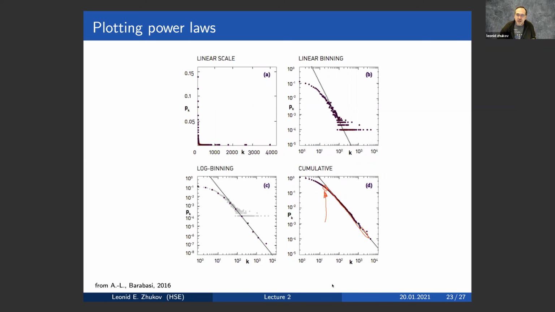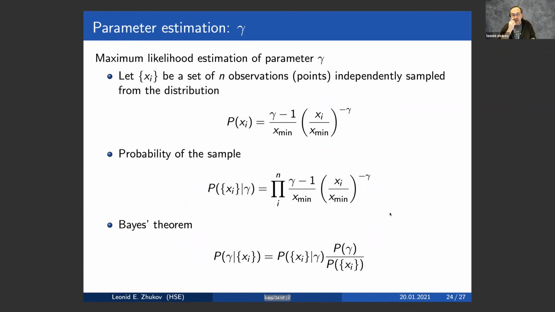Okay, and here is yet another trick for how to do it the right way, the mathematically correct way. We can think about the data points of the graph as being generated from a power law distribution, independently sampled.